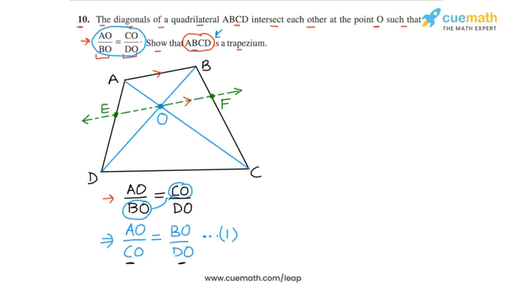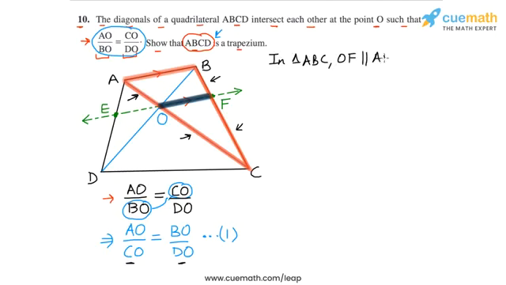Okay, so let's first consider triangle ABC. In triangle ABC, OF is parallel to AB, because this is the way we have drawn this line EF, and therefore we can say that AO by CO is equal to BF by CF, and this is using the basic proportionality theorem. Let's call this equation 2.